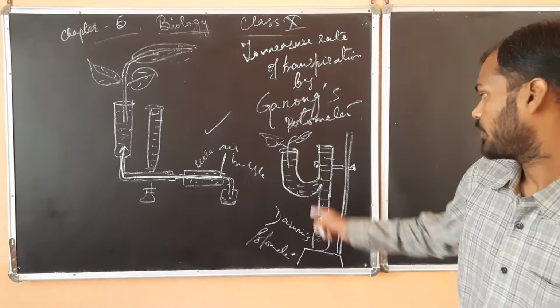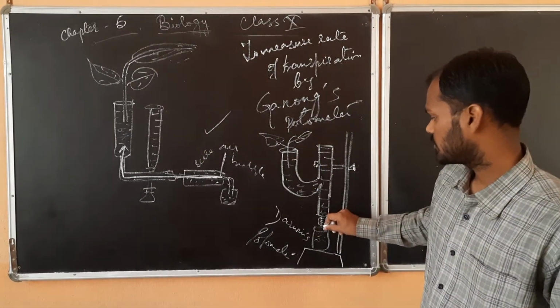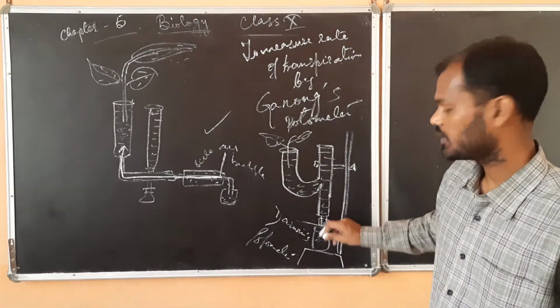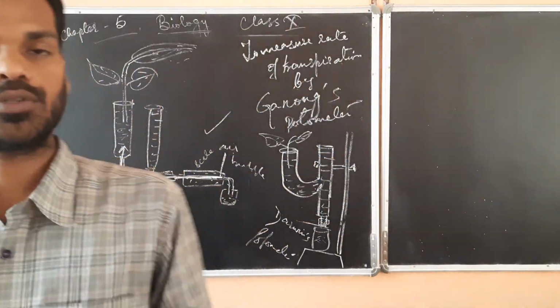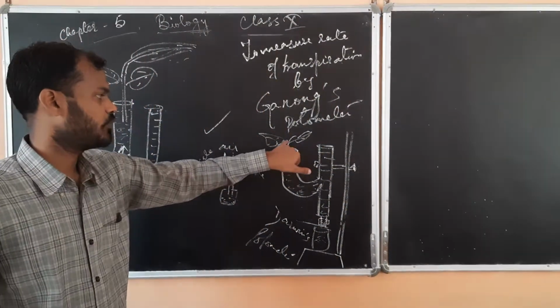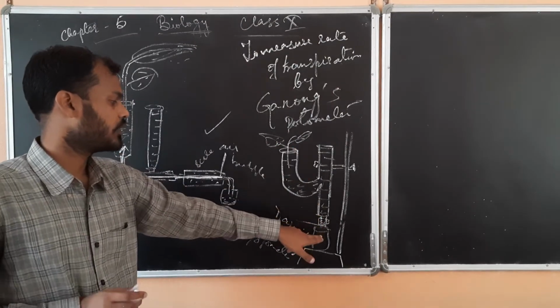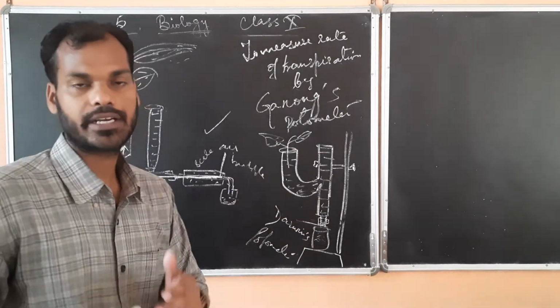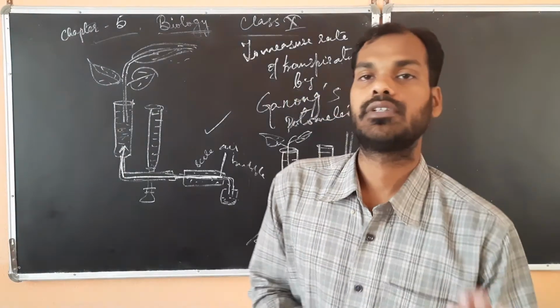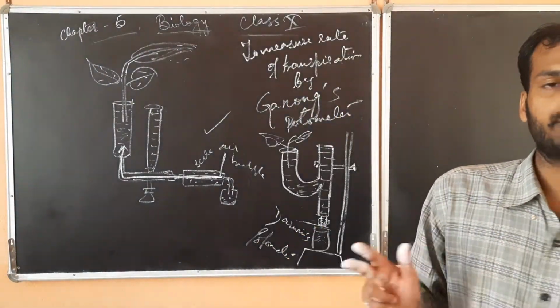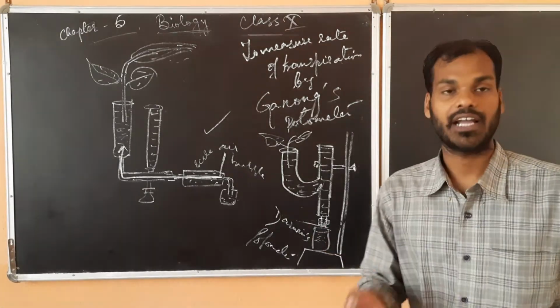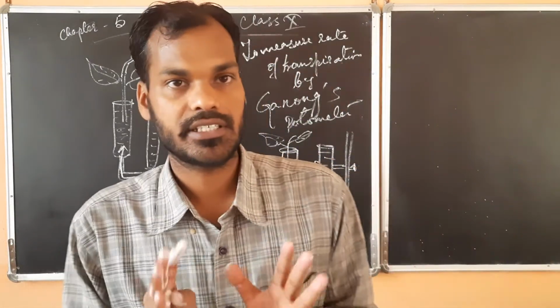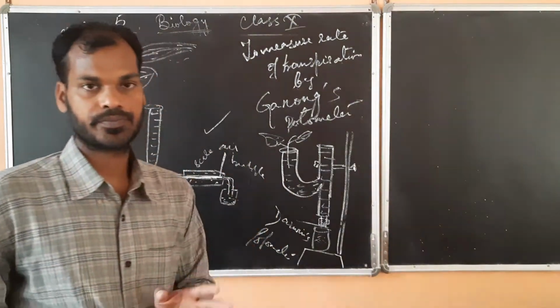So here also you have to introduce an air bubble, and when the transpiration occurs, the water will move along with this air bubble. First you have to take into consideration the position of the air bubble and the time duration in which this air bubble has moved.